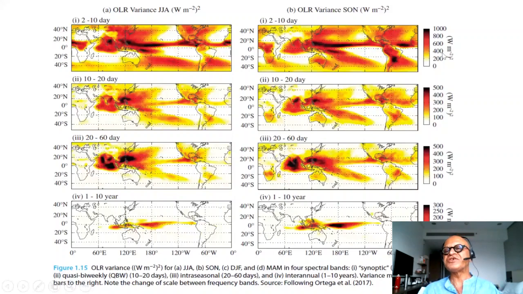Just looking at the variance in terms of watts per meter squared, you can see during the June, July, August and September, October, November season, the dynamics we talked about before in terms of the trade wind changes, sun moving north, ITCZ moving, and so on.